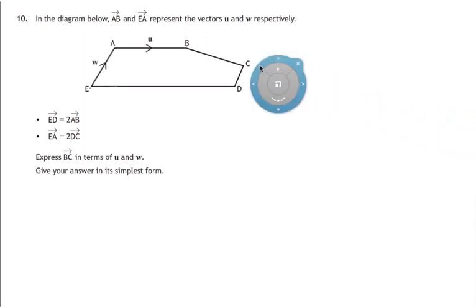Now that journey from A to B represents the vector U, and so does any line segment that's parallel, going the same direction and the same length. So it doesn't matter where this line segment is, it will still represent the vector U. So this part of ED will represent U, as will this part.